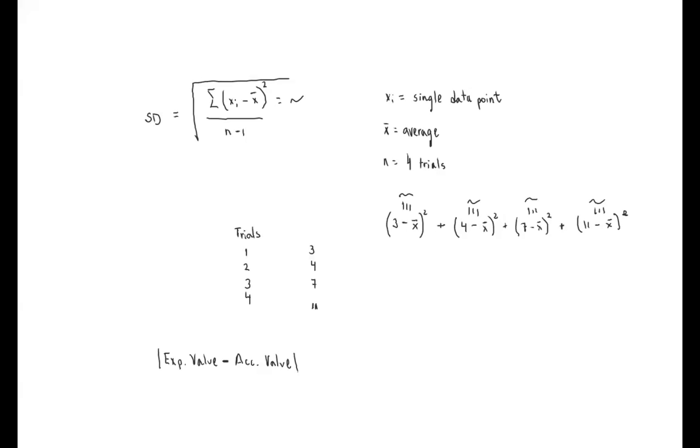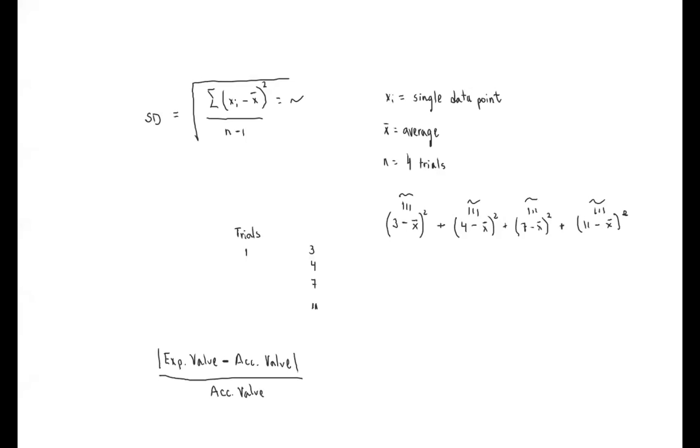And you put that in magnitude. You're going to take the magnitude of it, so absolute value. And that is divided by your accepted value. What you get from there will be your experimental error. If you want to find percent error, it's the same thing.